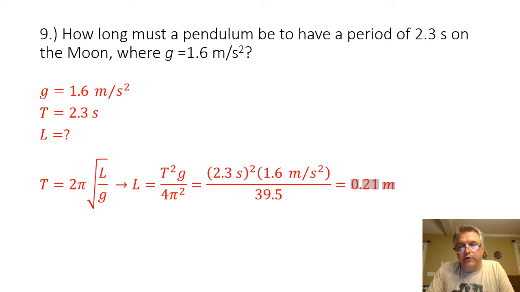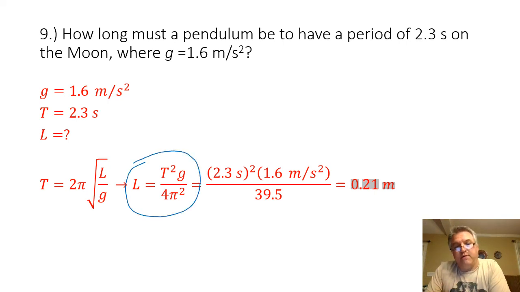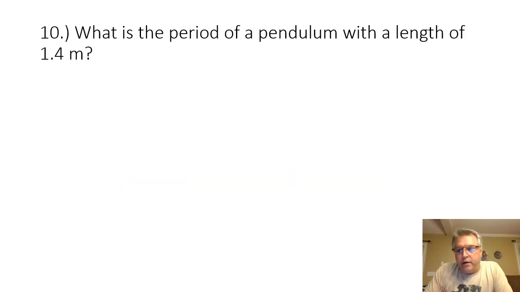We're going to rearrange it and solve for length, just like we did in problem number 7. And we are going to end up with L equals T squared times g divided by 4 pi squared. I plug in my period and my gravitational acceleration, and that will give me a length of the pendulum of 0.21 meters.